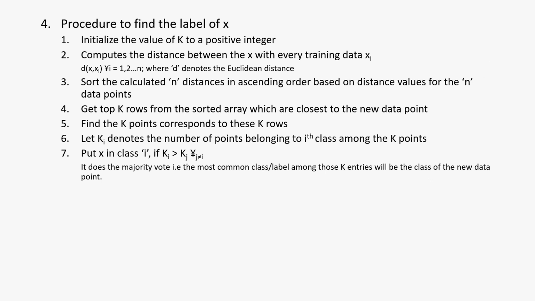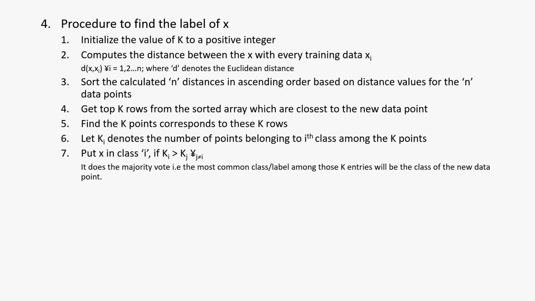The first step, initialize the value of K to a positive integer. The next step, compute the distance between the unlabeled data point and all the labeled data points. The third step, sort all the calculated distances in ascending order. The fourth step, get the top K rows from the sorted array, which are closest to the unlabeled data.